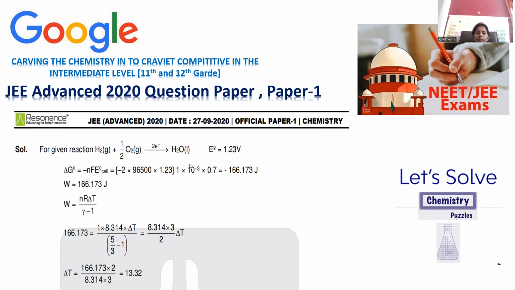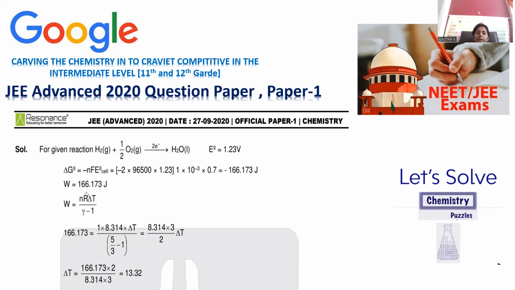We are using that one as well. So the delta G value is calculated as negative 166.173 joules. So this is for what? 1 mole. So negative 166.173 is called delta G.